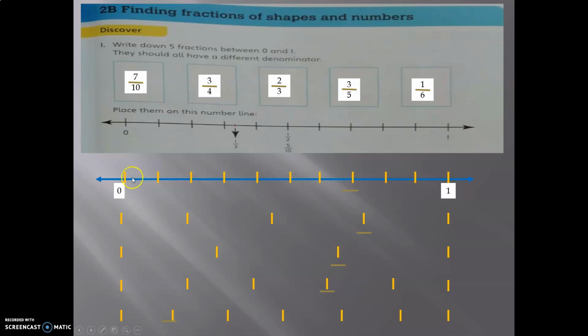10 equal parts. 1, 2, 3, 4, 5, 6, 7, 8, 9, 10. So if I want to locate 7 out of 10, or 7 over 10, I need to move 7 equal parts.